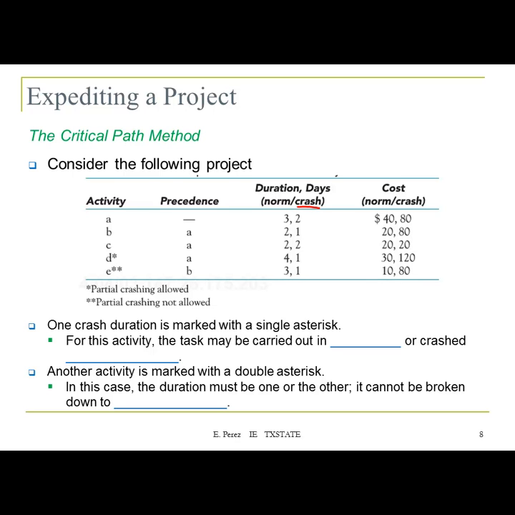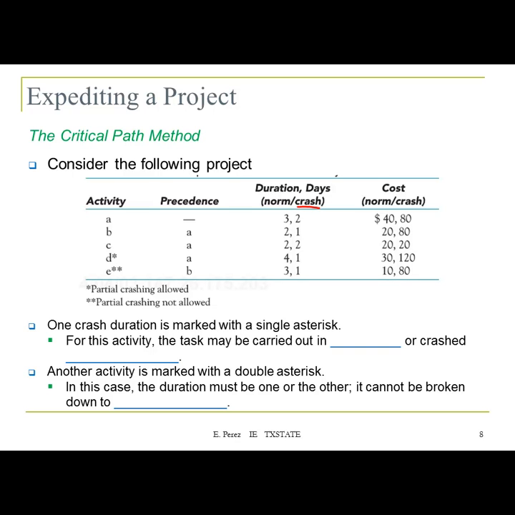And as you can see, there's a difference in the time, and obviously the crash time is going to be less. Okay, so for instance, activity A, if you use the norm time, that's going to take you 3 units of time. But if you decide to crash the activity, it will take you 2 units of time or days.